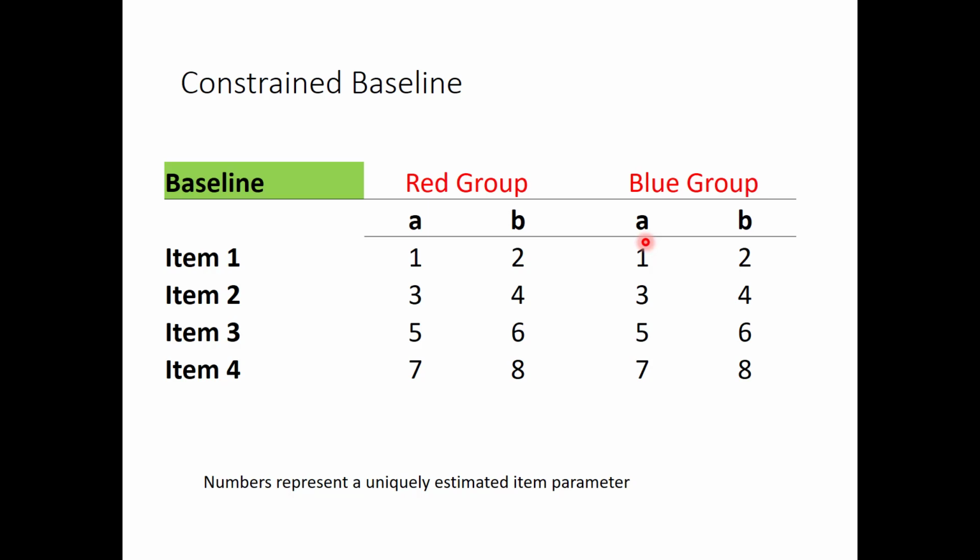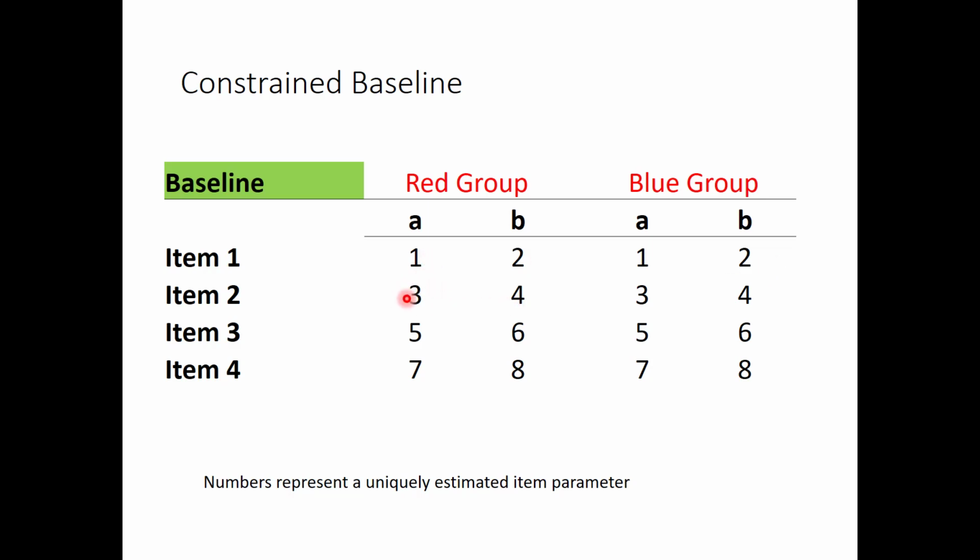The parameter is estimated under that constraint, so it's not allowed to do anything else. Same thing for the B parameter: you've got the same number for the red group and the blue group. So item 1 gets the same parameters for the red group and the blue group.